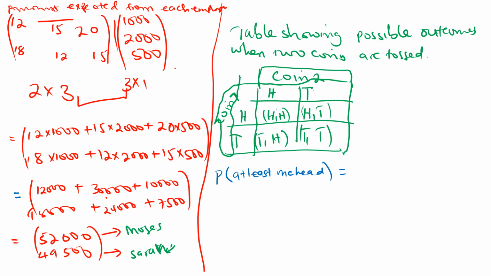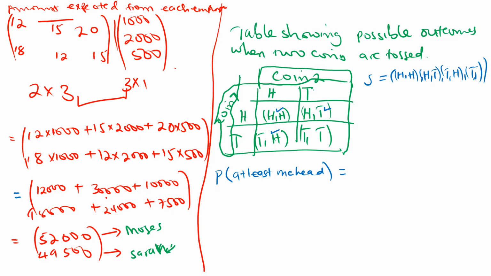This one has a head, this one has a head, and then this one also has a head. So here the sample space is head, head, then head, tail, then tail, head, and lastly, tail, tail.